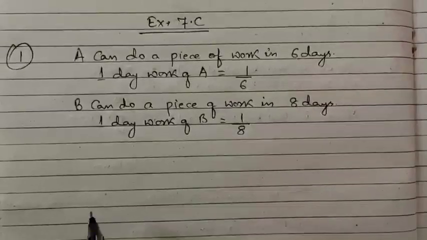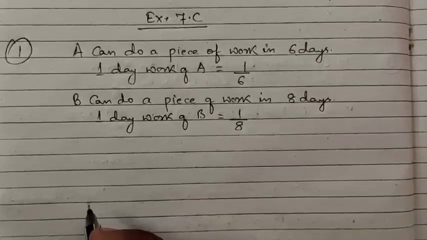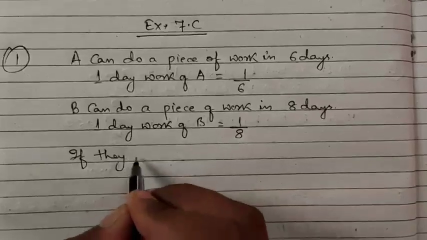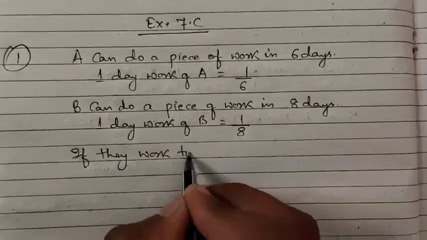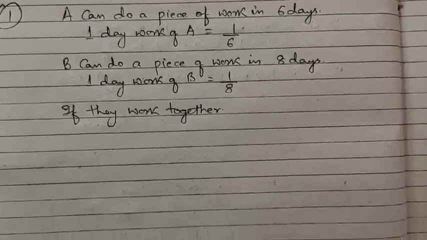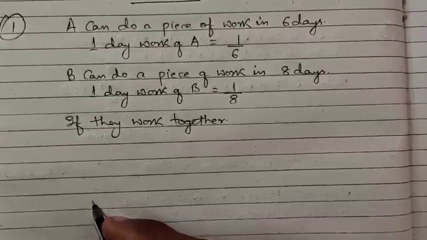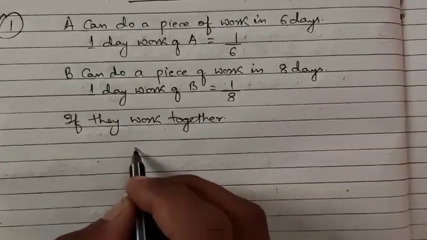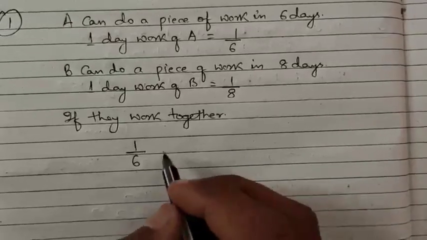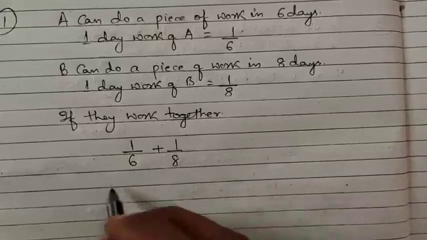Let's calculate the time in which they can complete the work if they work together. You just remember that if persons are working together, we will add the one day work of those workers. It means in one day A can do 1/6 of the work, in one day B can do 1/8 of the work. We will add this.